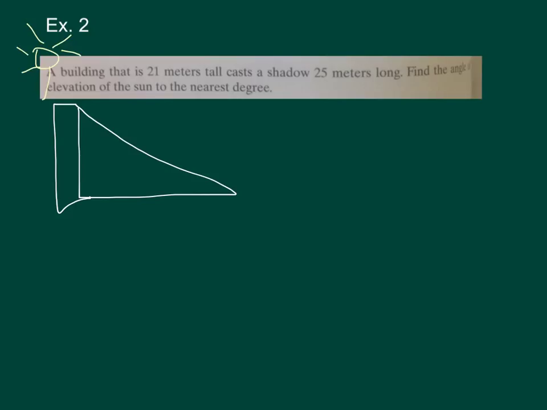And it's casting a shadow right here. That's 25 meters. My building is 21 meters tall. Find the angle of elevation. Elevation means we're looking up, to the nearest degree. Okay, I have an opposite side labeled, and I have an adjacent.